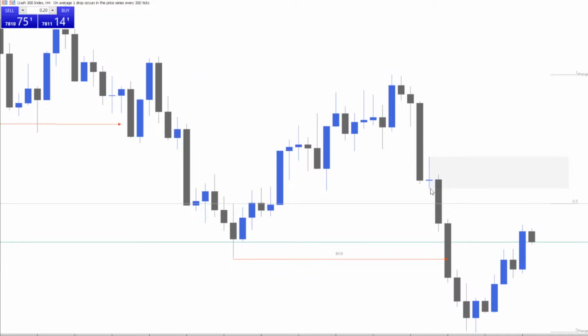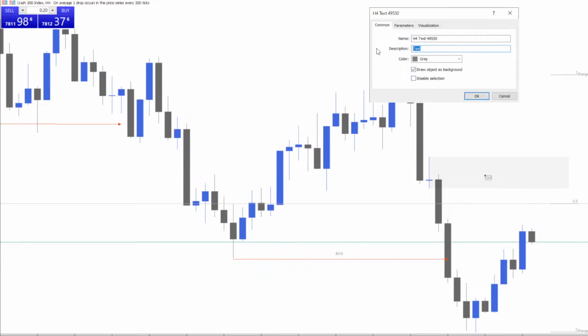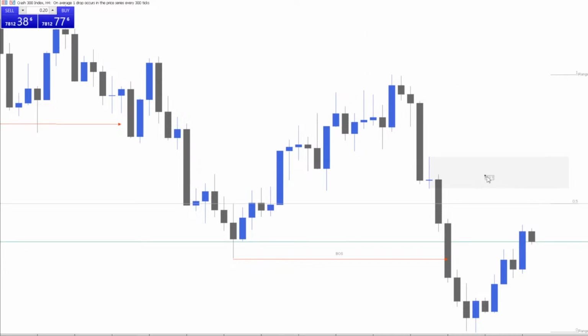First, I see that this is where a few buyers stepped in, and this zone was what led to the break of structure to the downside here. So this is my POI 1, and I'll just mark it as that.